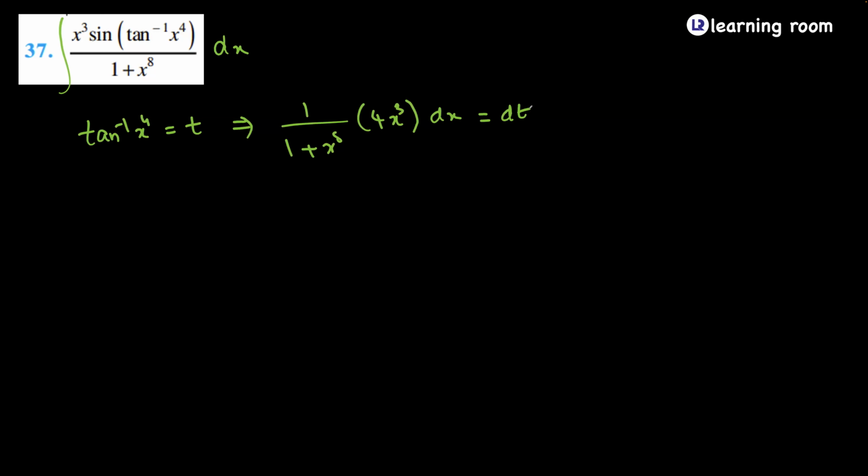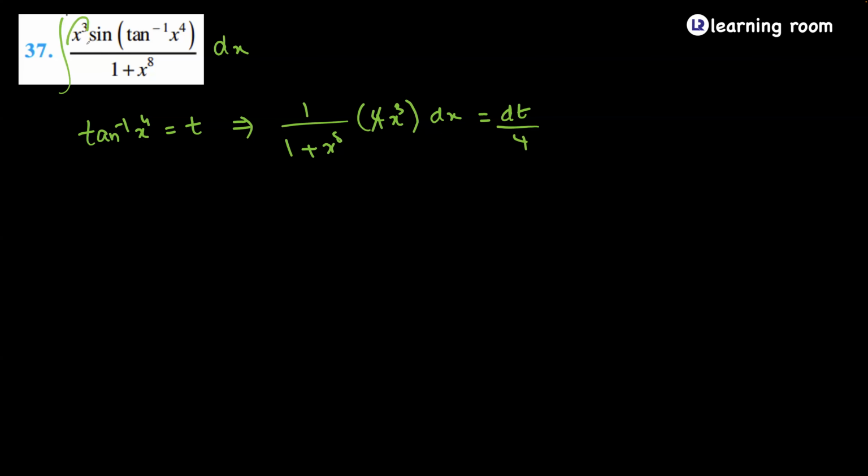Correct? See, 1 by 1 plus x square, x square means x power 4 the whole square, x power 8, into the derivative of x power 4, which is 4x cube. So what I need to do is take this 4 to the other side. Clear? So x cube dx divided by 1 plus x power 8 is what is dt.